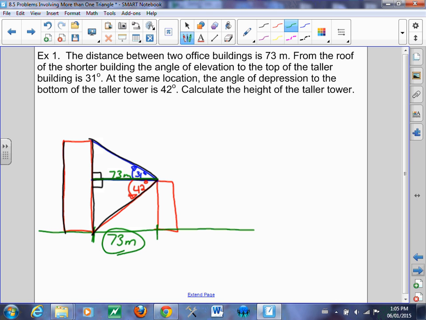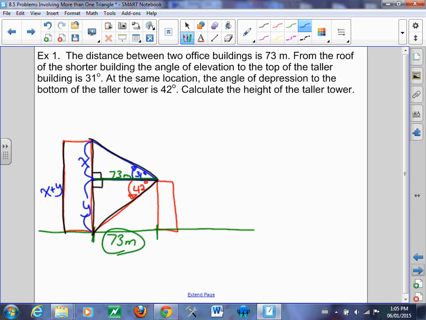So if we can use the two triangles, first find the height of the top triangle and then the height of the bottom triangle, we can add the two answers, because x is just going from here to here and y is going from there to there. So the height is x plus y.